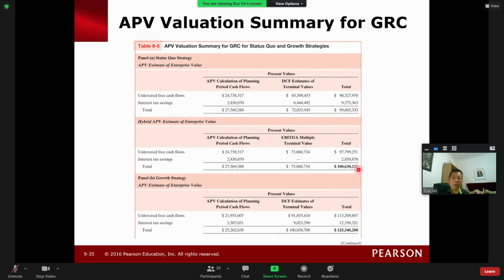The second one is about 100.6 million. So in this example, you don't see much difference between using the Gordon growth model to estimate the terminal value or using the EBITDA multiple. You can see that in other cases the number is quite different, not like this example where it is not really significantly different.